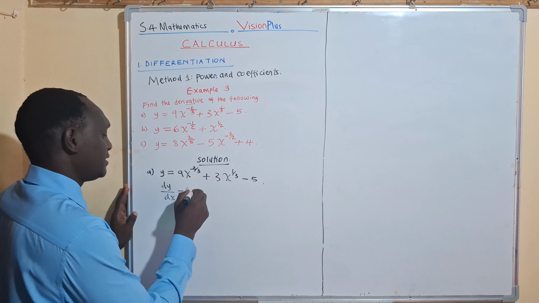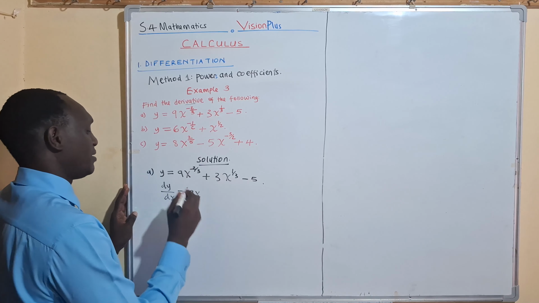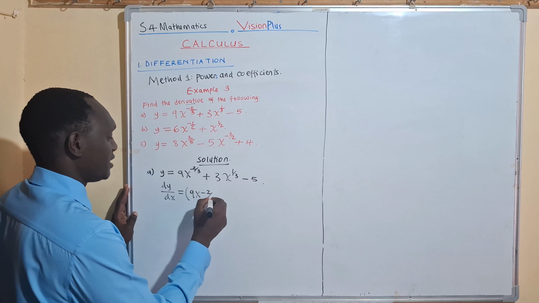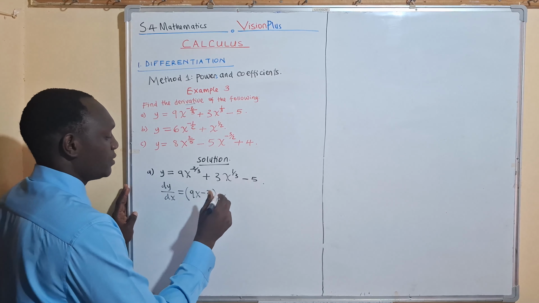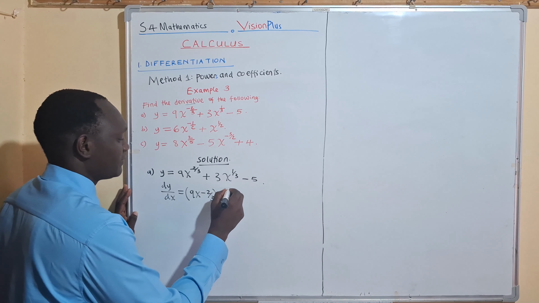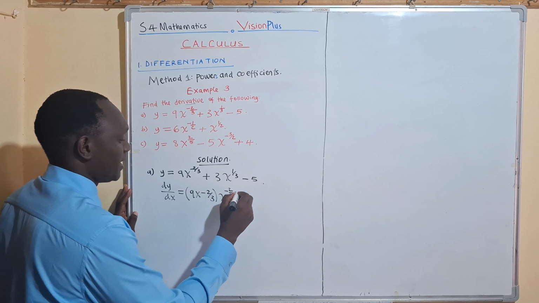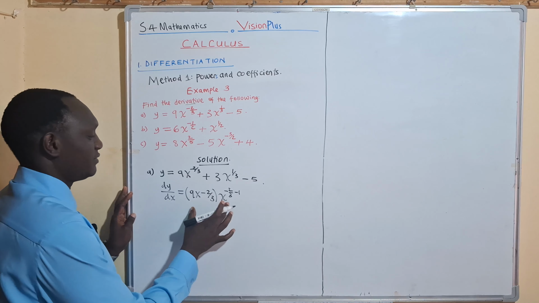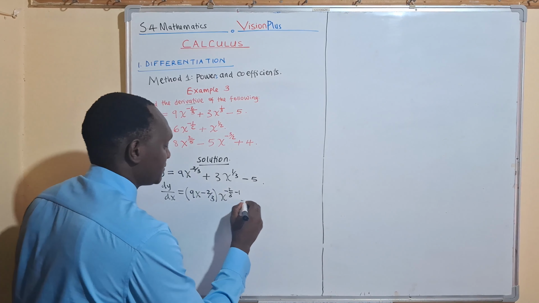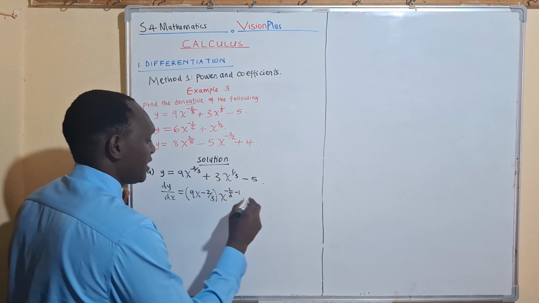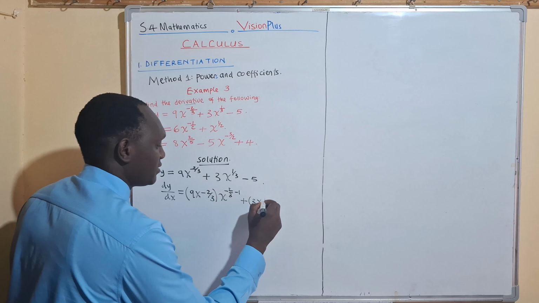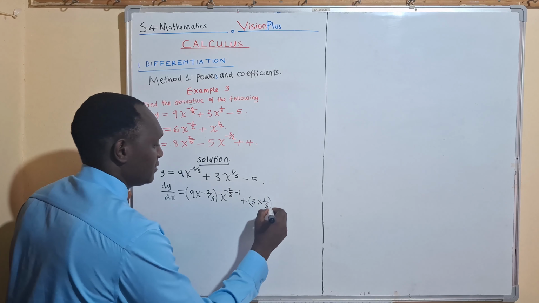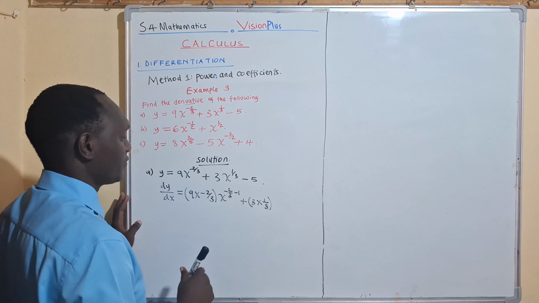we say 9 times, then you lower the power, times negative 2 out of 3 x. Now we need a new power here, which is the old power, negative 2 out of 3 minus 1. We have differentiated the first term, plus 3 times, lower the power, that is 1 out of 3, and then x.